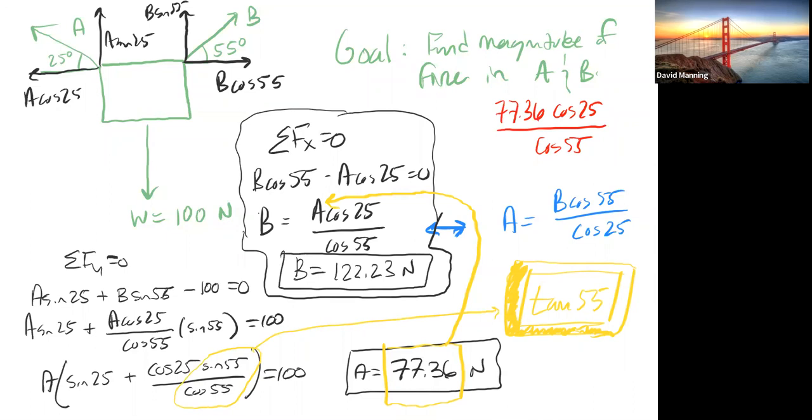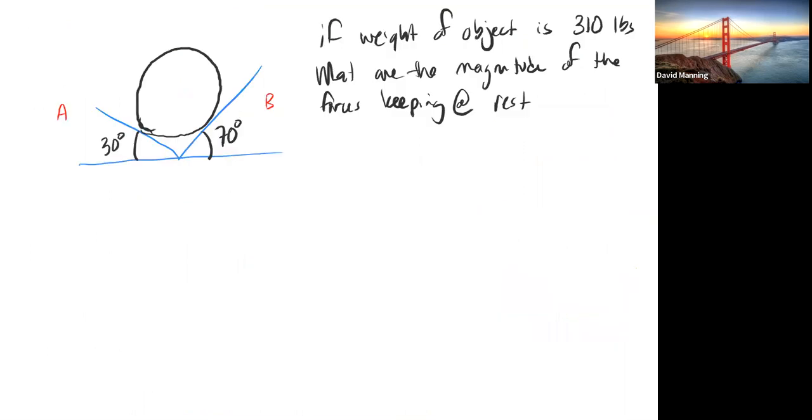The next problem is another concurrent force system in equilibrium. It says if the weight of the object is 310 pounds, what are the magnitudes of the forces keeping it at rest? And we're using A on the left side. Our force on the left is going to be called A, and our force on the right is going to be called B. So give this a try. Start to finish at your seats. See how far you can get.